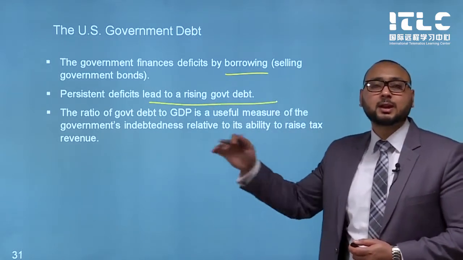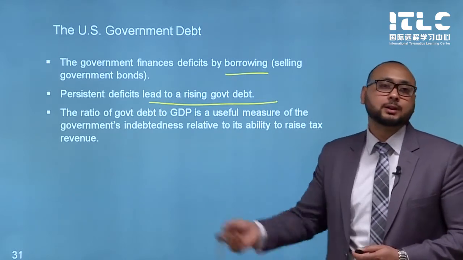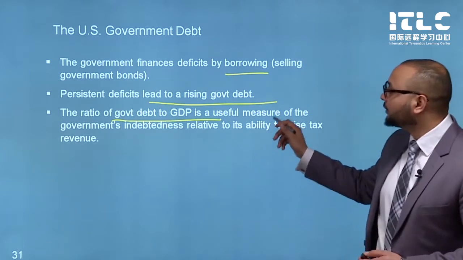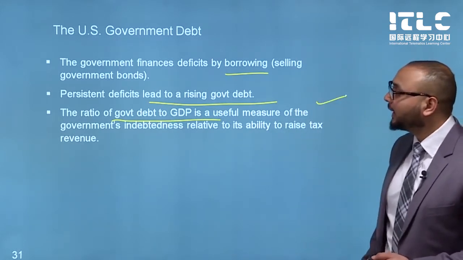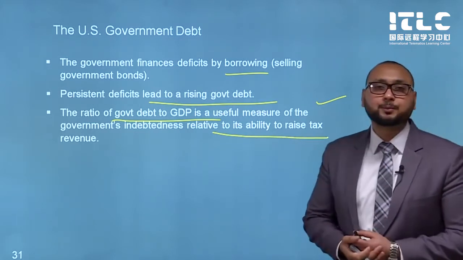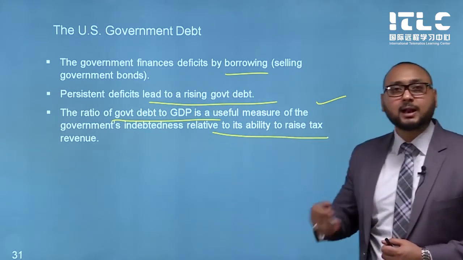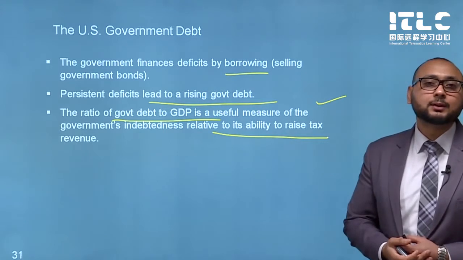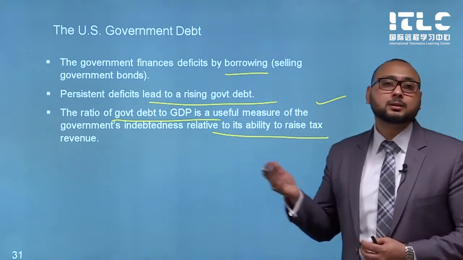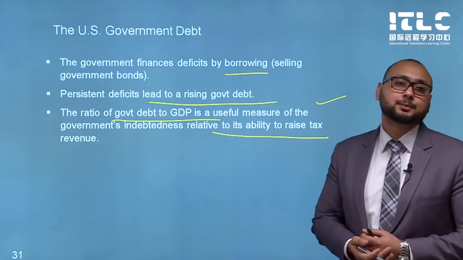If there is a persistent deficit, then the government is issuing bonds. And the ratio of government debt to GDP is usually a measure of the government's indebtedness relative to its ability to raise tax revenue. And in order to pay back those deficits, or the interest payments, or pay back that loan, governments increase the taxes.